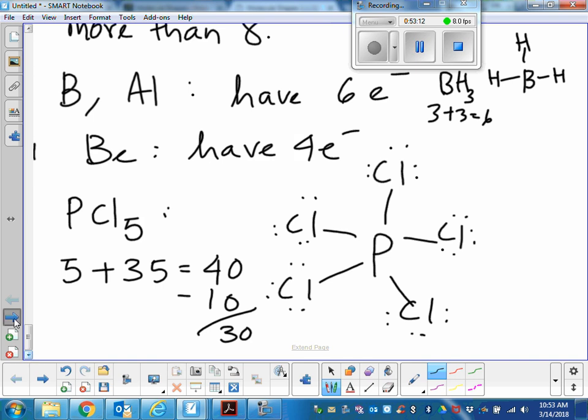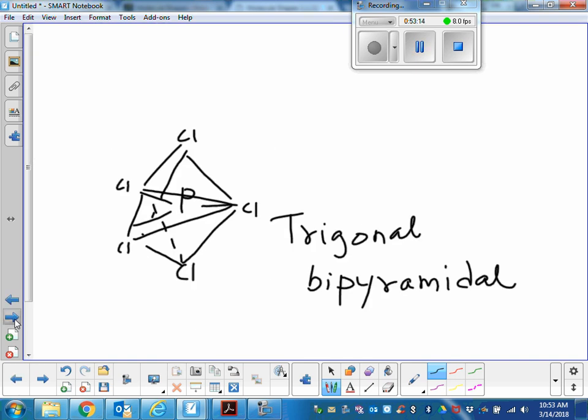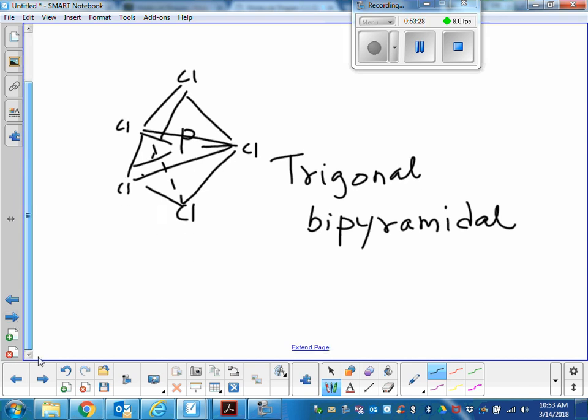So yes, you have to memorize shapes and their names: linear, bent, tetrahedral, trigonal planar. All of these you will have to memorize. All right, let's go to the last example, SF6.